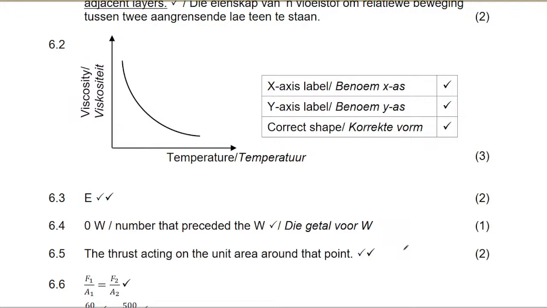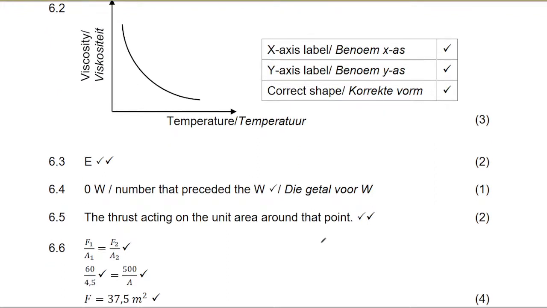Lower temperature means cold. So the answer to that will be 0. You can accept only 0 there. And then choose from A to E. I think for 6.3 we will say the answer is E.